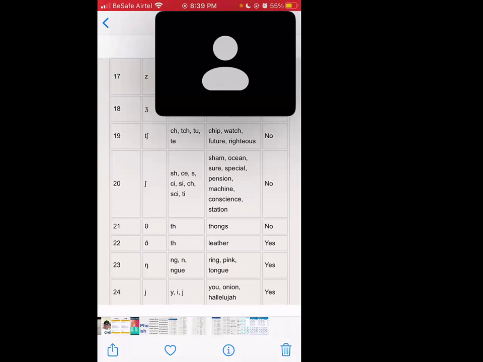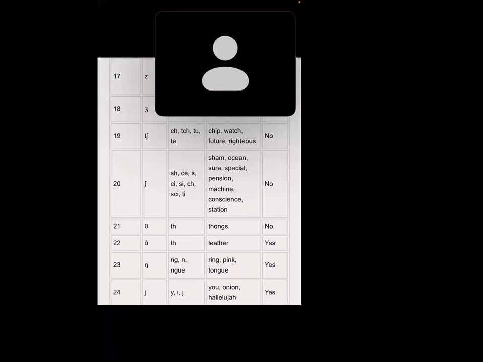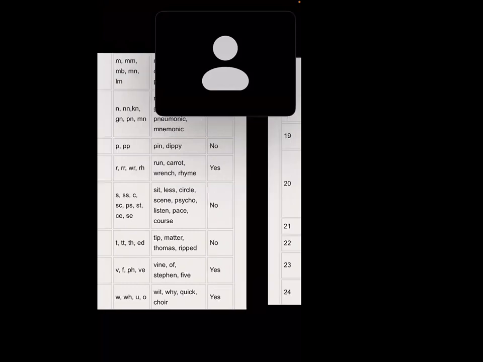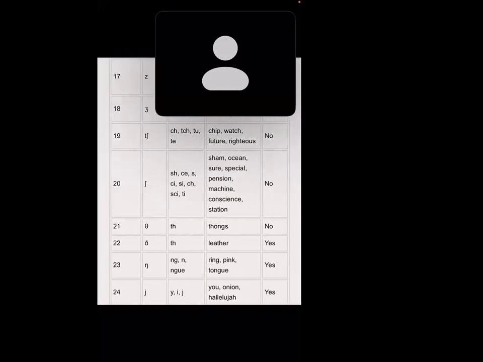Okay, number 23. Yes, 23 is the third nasal sound I mentioned. I said we have three nasal sounds: number 9, number 10, which is n, and number 23. For this particular sound, you act as though you want to block the air coming from inside your throat.